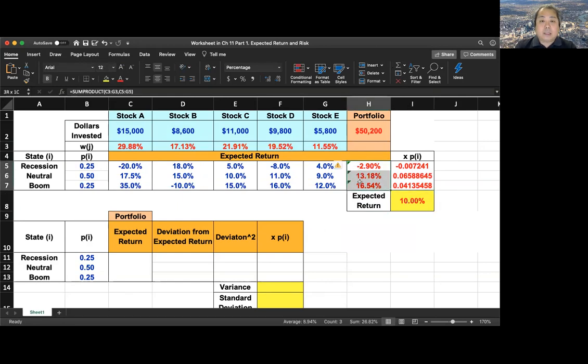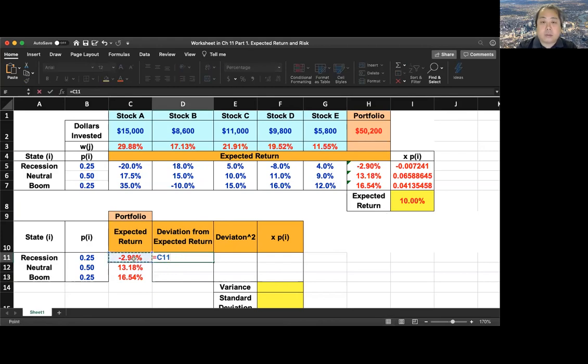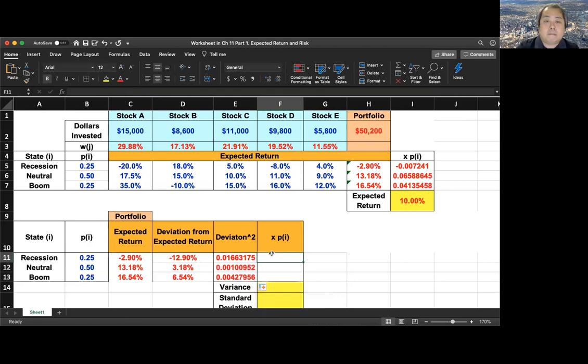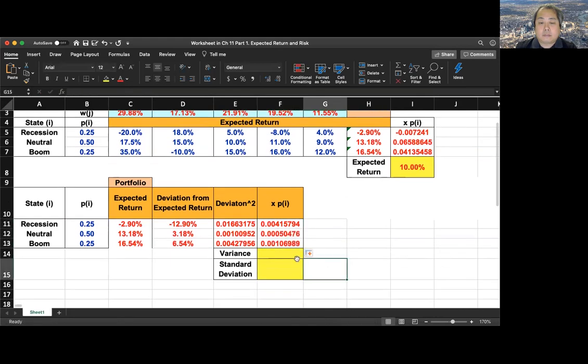Now copy expected return to here. Find deviation from expected returns, square them, and times probability, add them up, this is variance.